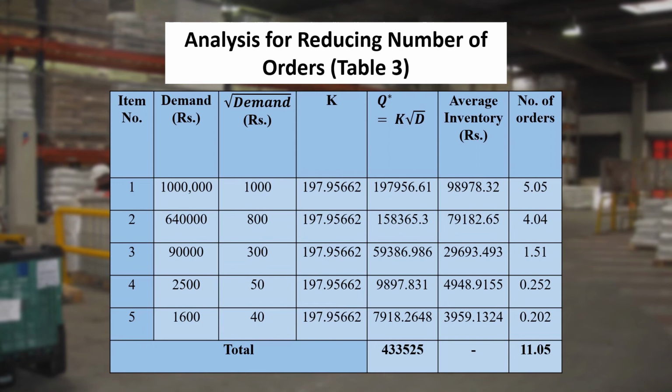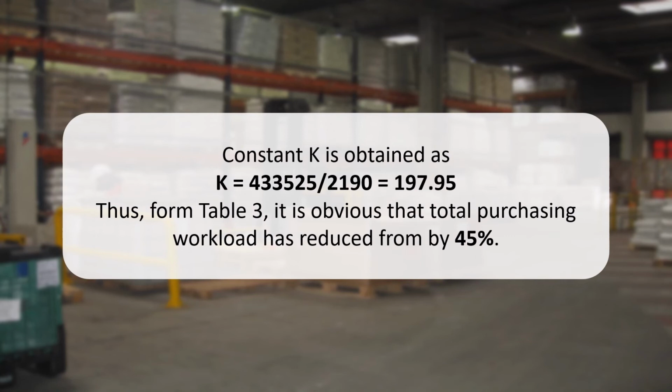And the inventory cost you can see 433525. So you can see that the K value you have derived is 197.95. With the help of the table, you can see that the total purchasing workload has reduced from 20 to 11, almost a reduction by 45%.